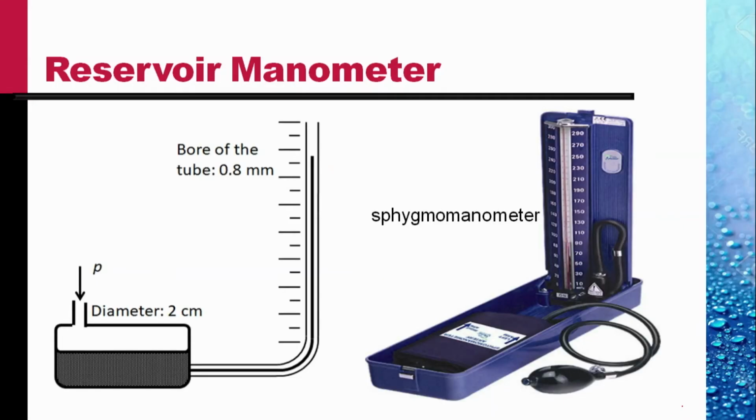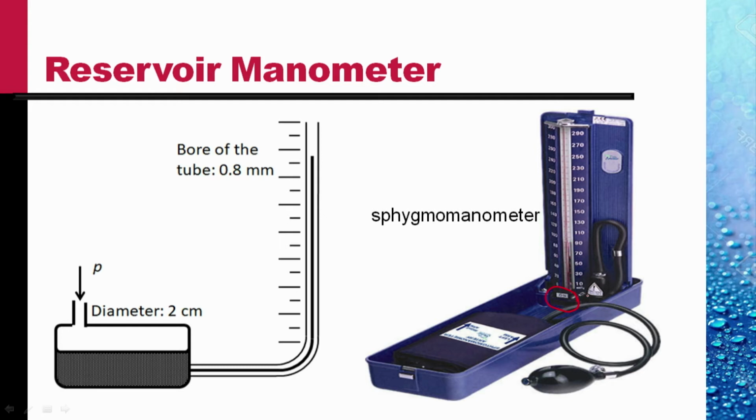This is used in a conventional blood pressure measuring equipment. Here at the bottom, there's a large reservoir, a relatively large reservoir of mercury, which is connected to a very fine bored tube against a scale.